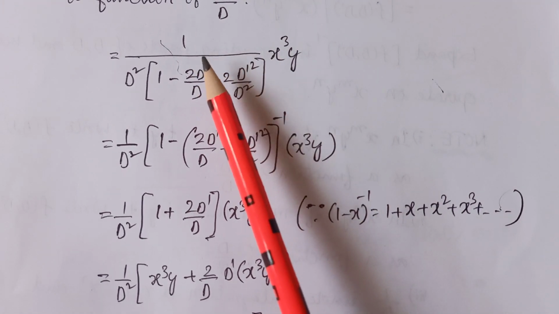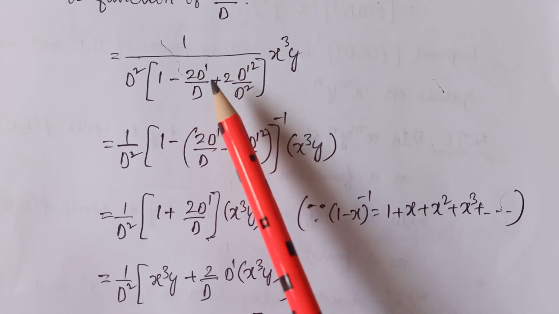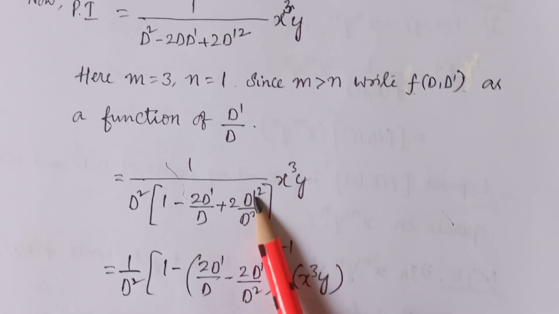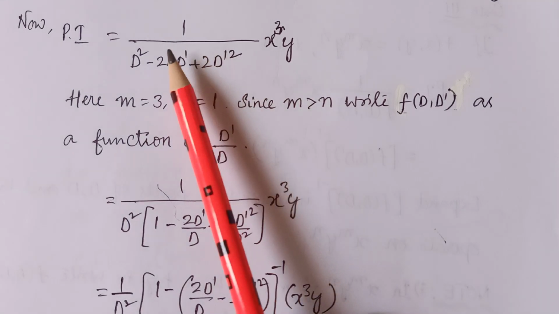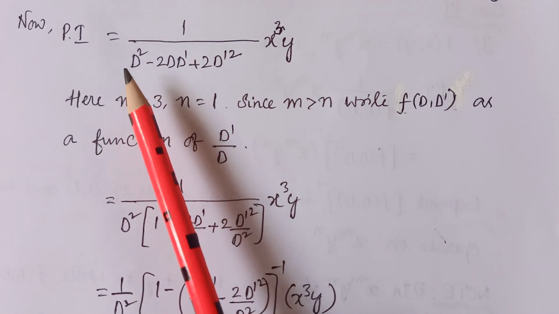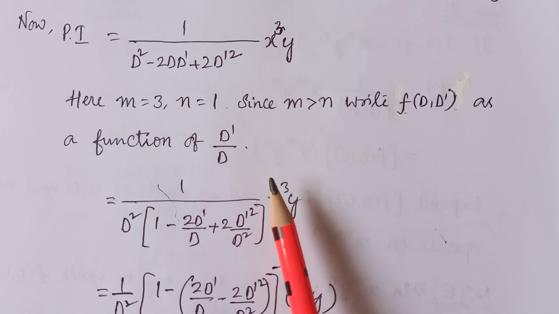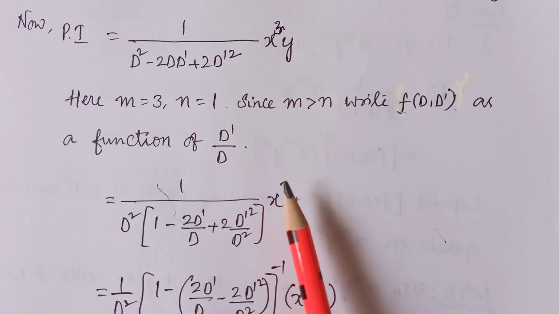For that, first we need to write this as a function of D dash by D. In order to do that, take D square common.